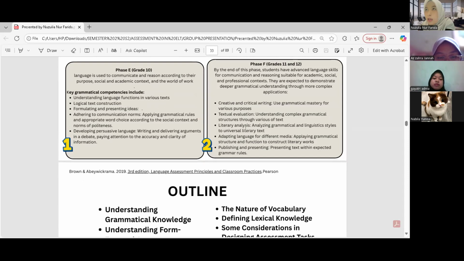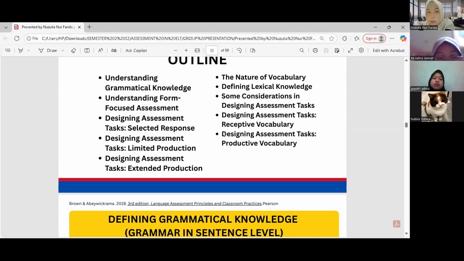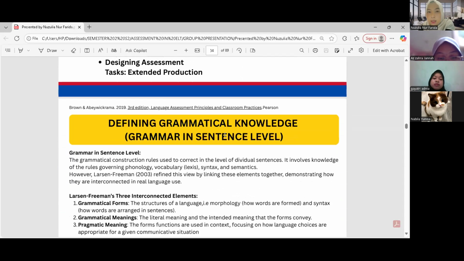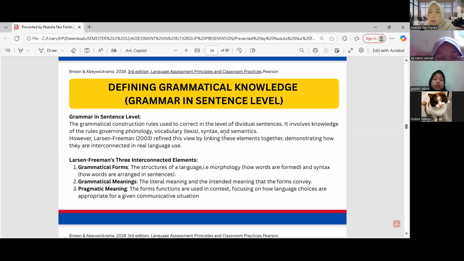Yeah, and for the outline, here is the outline that will be the next discussion. Yeah, defining grammatical knowledge. Grammatical knowledge, based on Brown, is interconnected into three elements: the first is grammatical forms, then grammatical meanings, and pragmatic meanings.